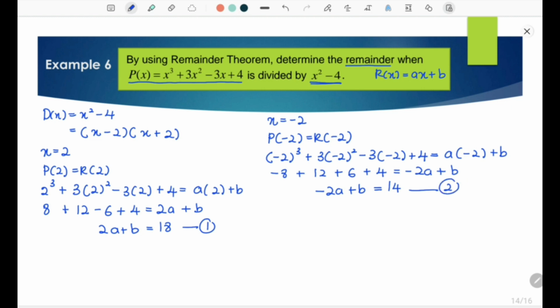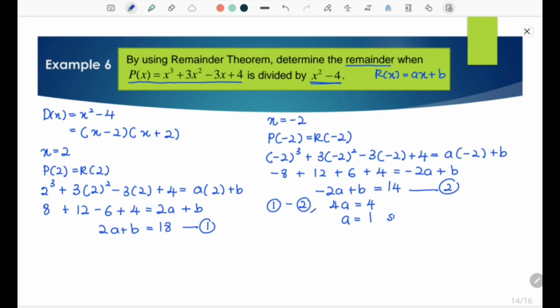Next, we are going to try to find a by taking equation 1 minus equation 2. So we have 2a minus negative 2a, which is going to give 4a, and then b minus b equal to 0. Next, 18 minus 14 equal to 4, so a equal to 1. So next we are going to substitute a equal to 1 in equation 1 or equation 2.